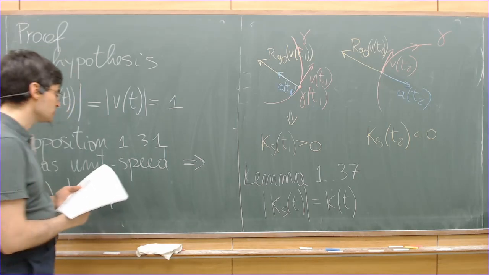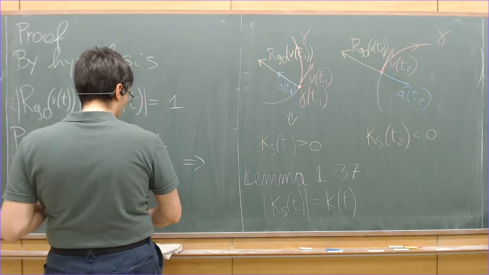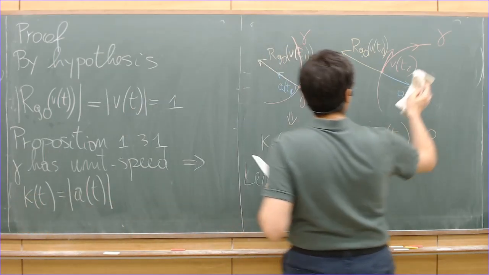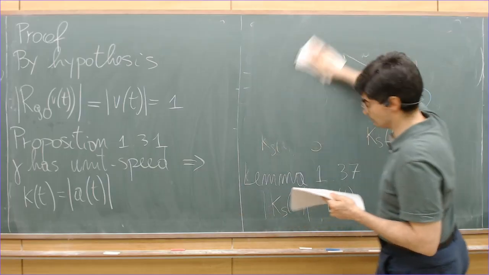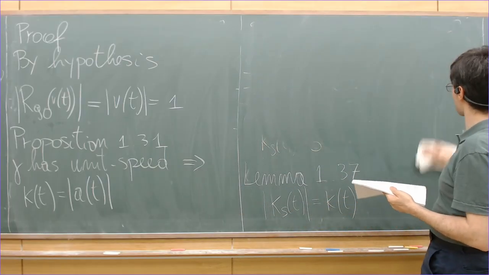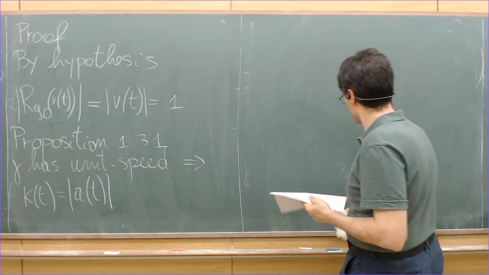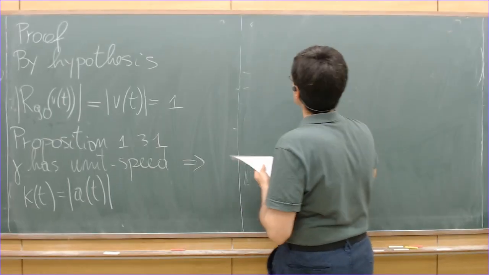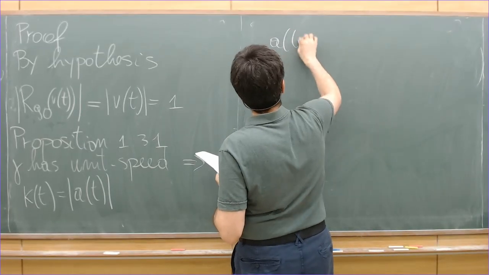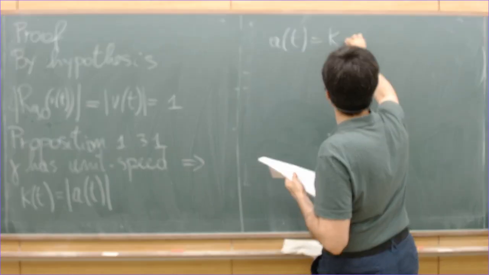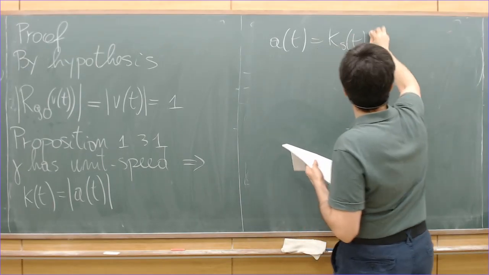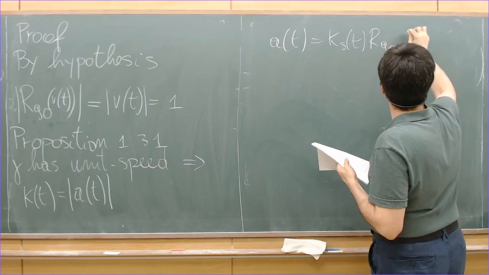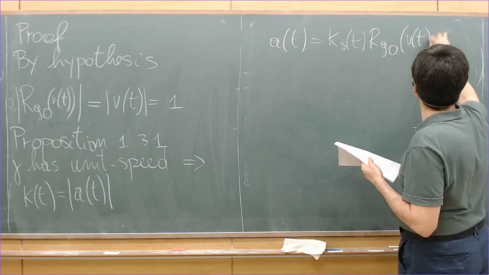Now, by definition of ks, which is this, A(t) equal to ks(t) R90 of V(t).